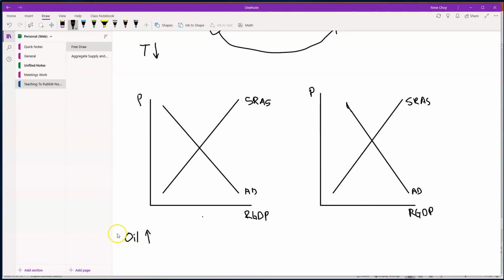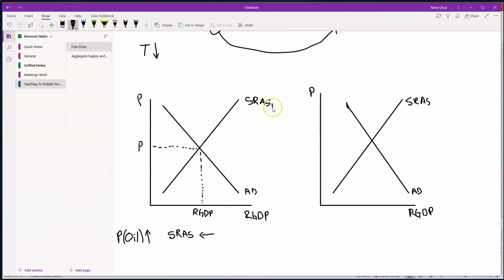Now, if the price of oil rises very quickly, transportation costs will rise very fast, because oil is what we use in order to create gasoline, and lots of things run on gasoline, not to mention oil is what we use to create lots and lots of plastics, and basically anything made out of plastic will have to go up in price. So an increase in the price of oil can create a stagflation situation where your short-run aggregate supply will shift to the left.